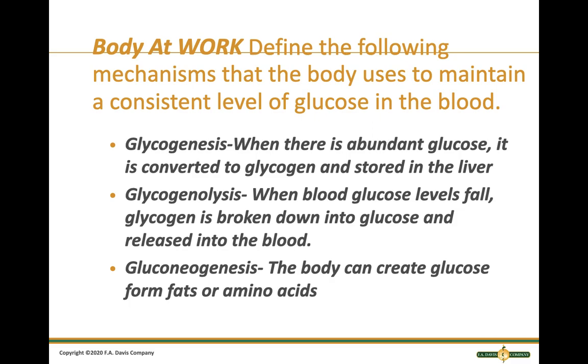Alright, for this body at work, we need to define the following mechanisms that the body uses to maintain a consistent level of glucose in the blood. Glycogenesis: when there's abundant levels of glucose, it's converted to glycogen and stored in the liver. Glycogenolysis: when the blood glucose levels fall, this glycogen will be broken down into glucose and then released into the blood.